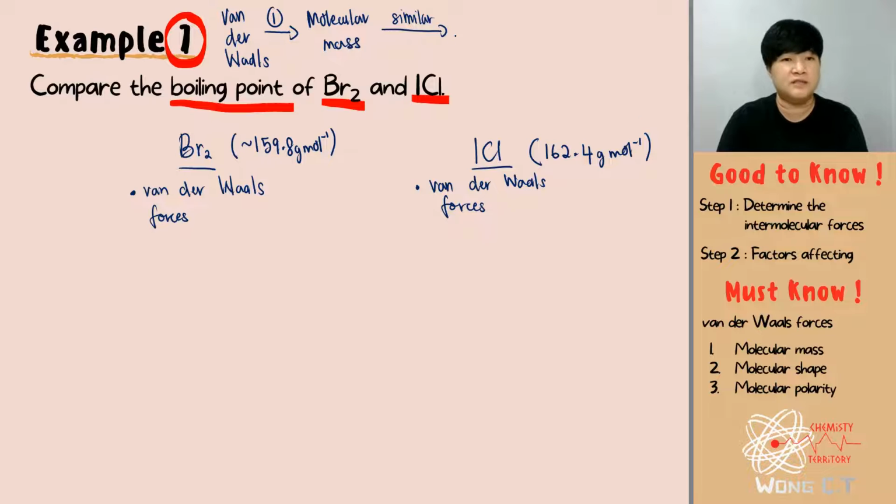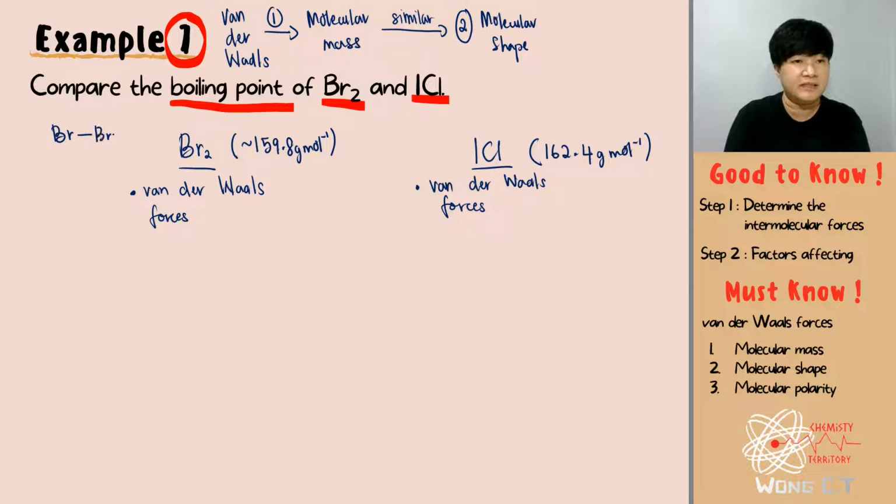When the molecular mass is very similar, then we go for the second factor, which is molecular shape. So let's check the molecular shape of the Br2 and ICl. Your Br2 looks something like this, which is linear. Your ICl also looks something like this, which is also linear. The molecular shape is also very similar right now.